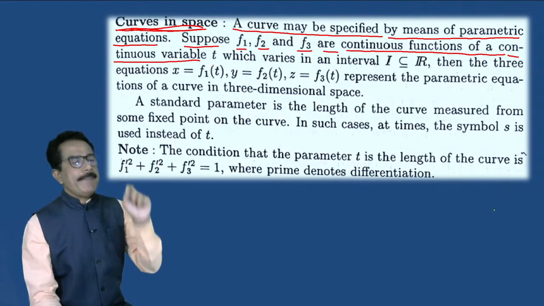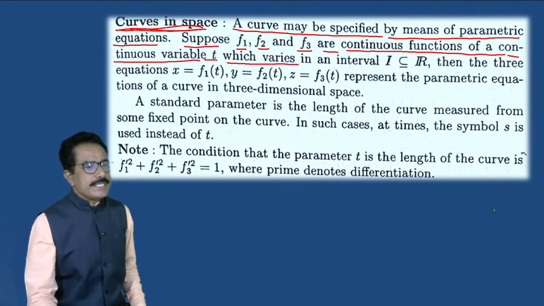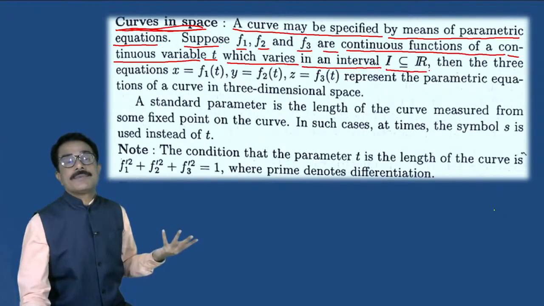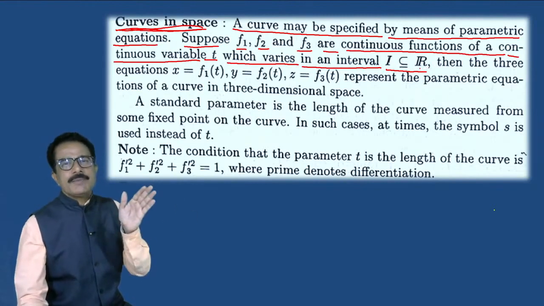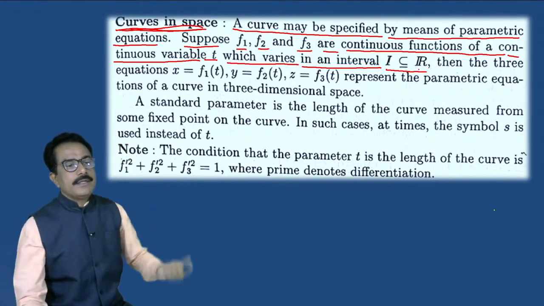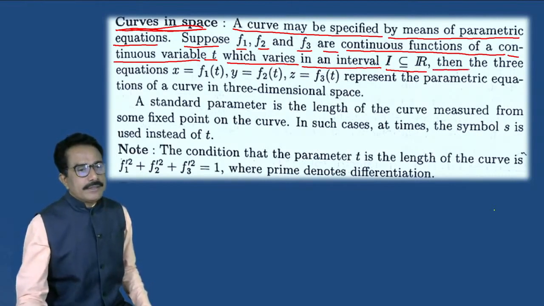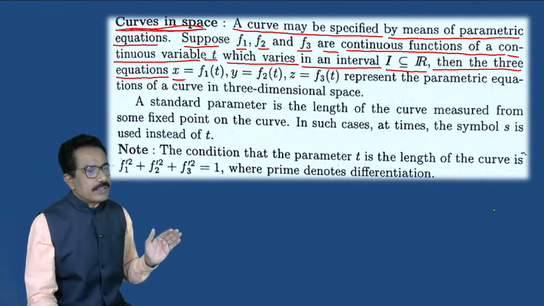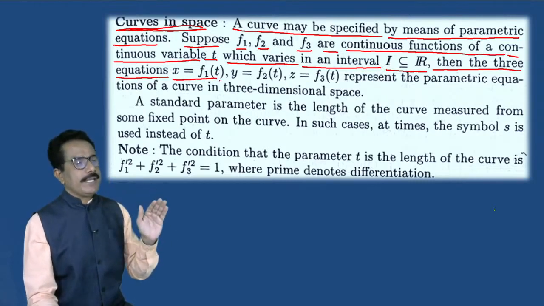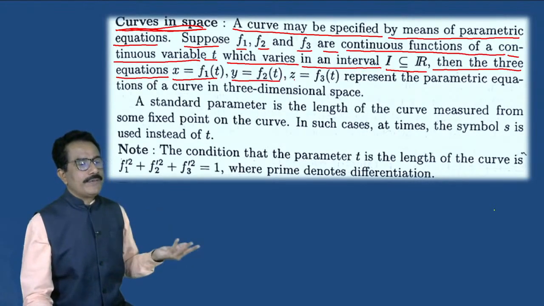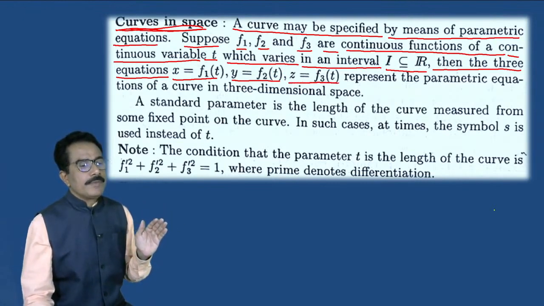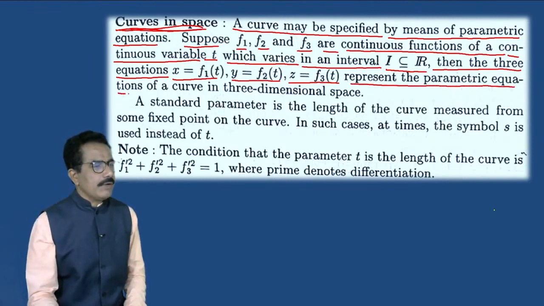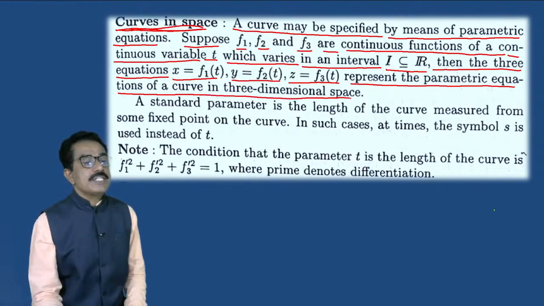Here t is called a parameter which varies in an interval I, which is a subset of R. So t belongs to I. Then we can write these three equations: x is equal to f1 of t, y is equal to f2 of t, z is equal to f3 of t, which represents the parametric equation of the curve in three-dimensional space.